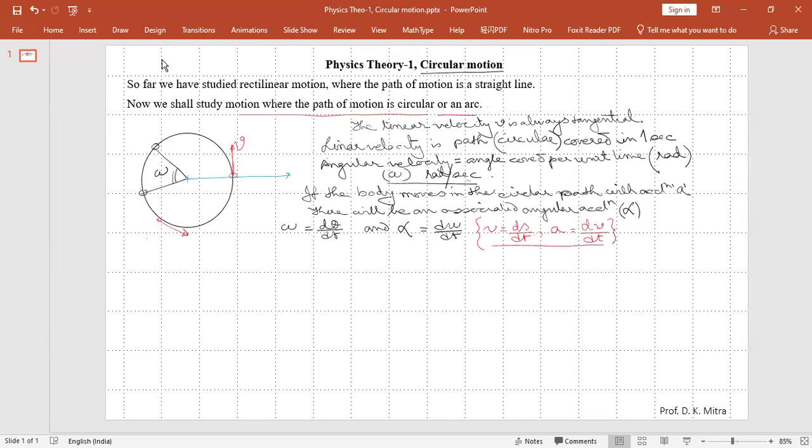This is for linear motion and this is for angular motion.